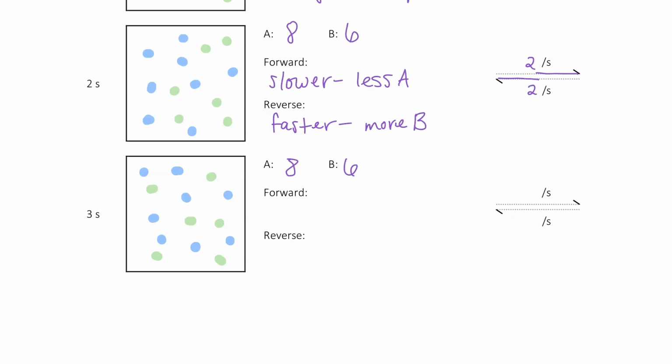Which means if we have the same amount of particles of A and B in second 2 and second 3, what's going on with the rates? They're going to be equal. Same as before. Which means 2, 2, and then we can draw our little arrows to finish it off.